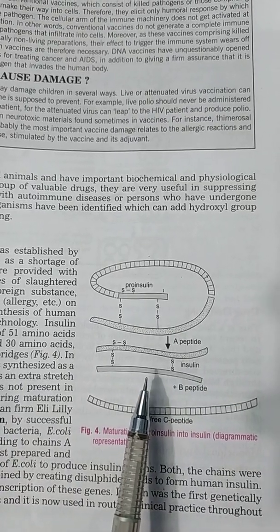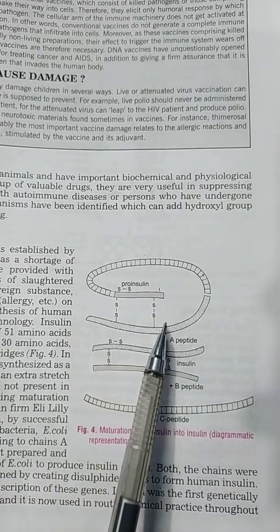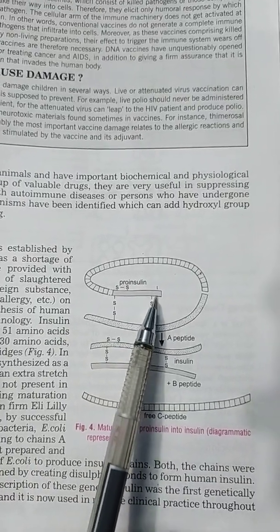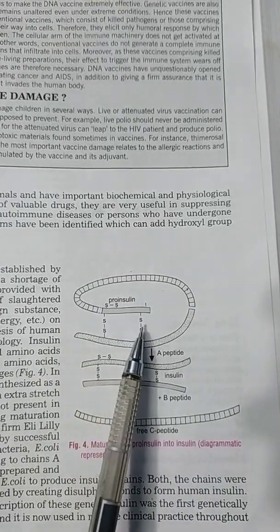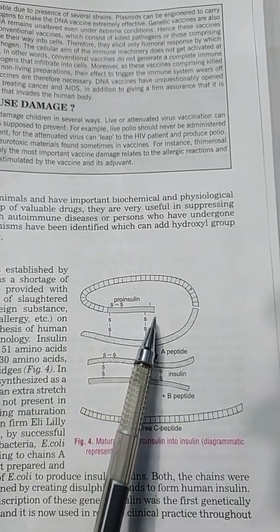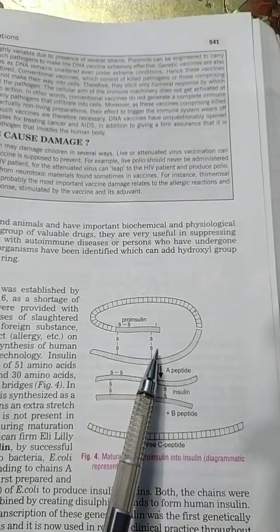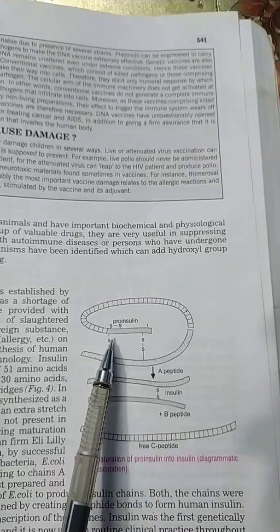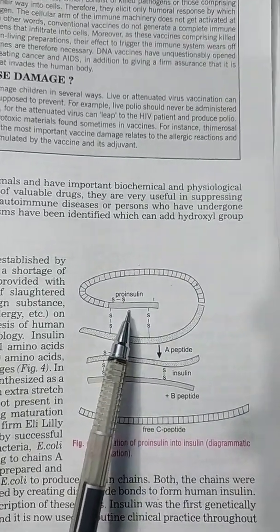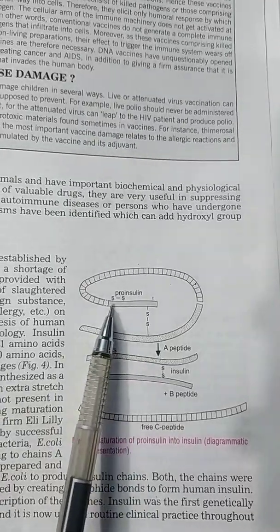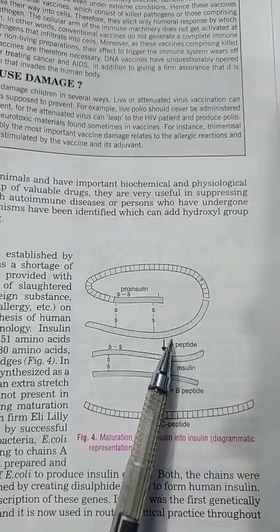These two chains are interconnected by S-S bonds. Do you see the S-S bonds? These bonds are known as disulfide bridges. The disulfide bridges interconnect the two chains, one bearing 21 amino acids and the other bearing 30 amino acids.